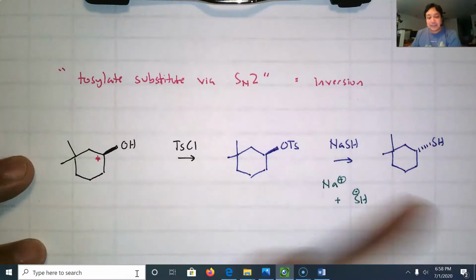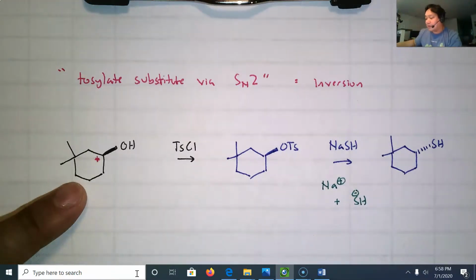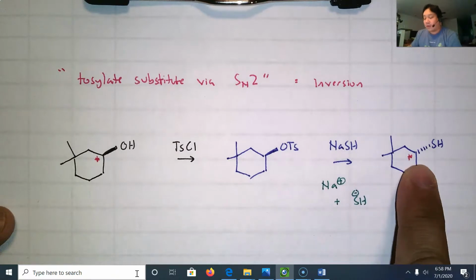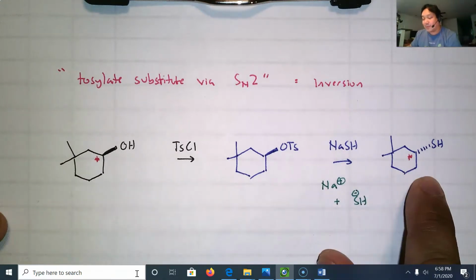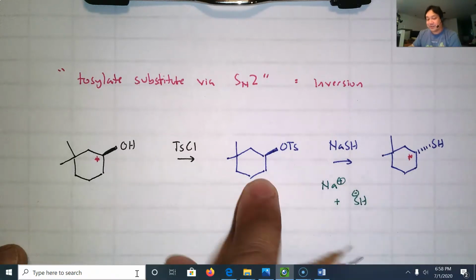We will come back to this, because there are going to be synthesis problems where we have to control the chiral carbon. Do we want inversion at the end, or retention? If we wanted SH as a wedge, we would have to use a different strategy.